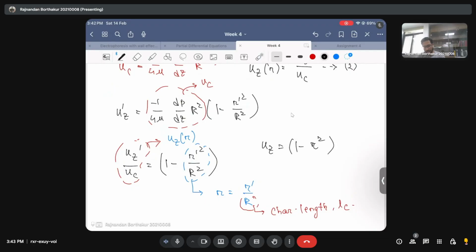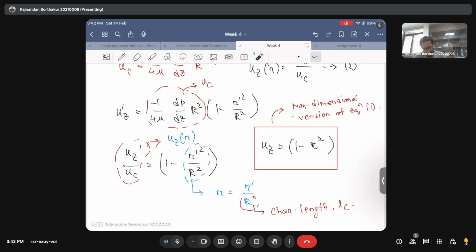That just becomes the non-dimensional version of equation 1. So this is your non-dimensional form or version of equation 1.